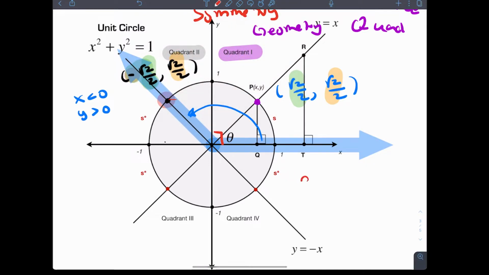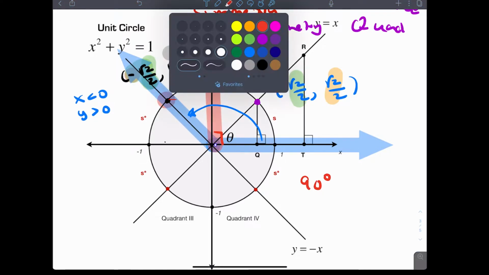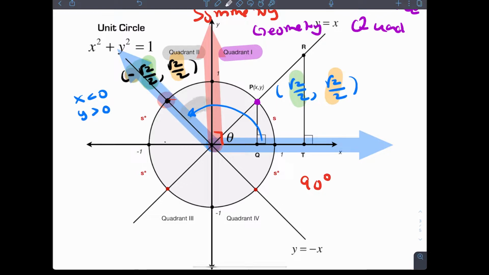Isn't that 90? So you can say, I'm going to rotate it this way first, 90 degrees. And then you're going to add an additional, what was this? 45. You guys remember that? So I'm going to add 45 degrees. What do you think that gives you? 135 degrees. So this angle here is a 135 degree angle.